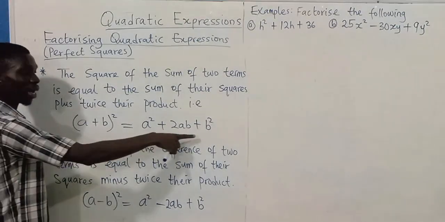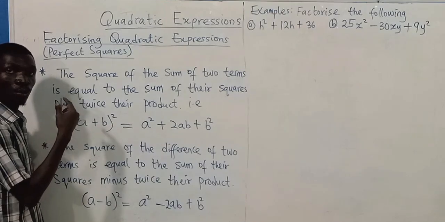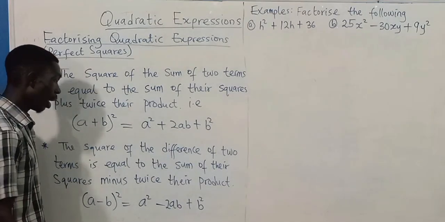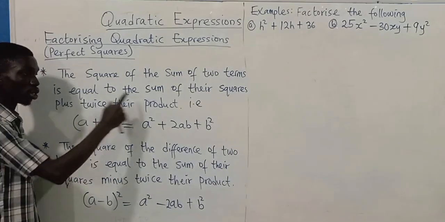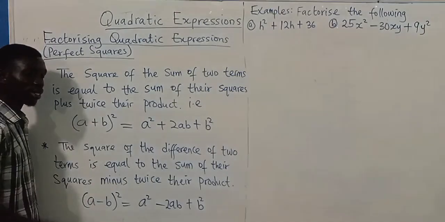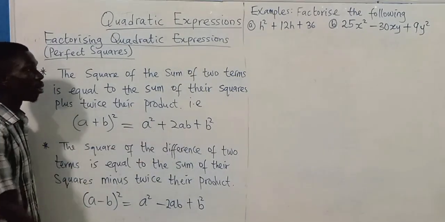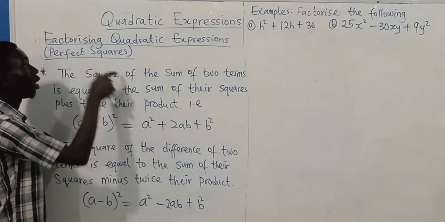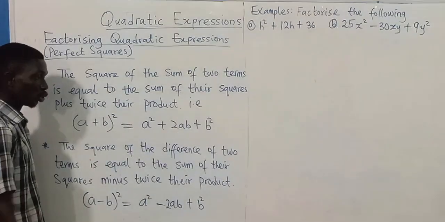We already know how to factorize, but we will not go through the rigorous process we had in our last class. We will just use the theory and factorize things that are in this form. We call this form the perfect square of a quadratic expression.